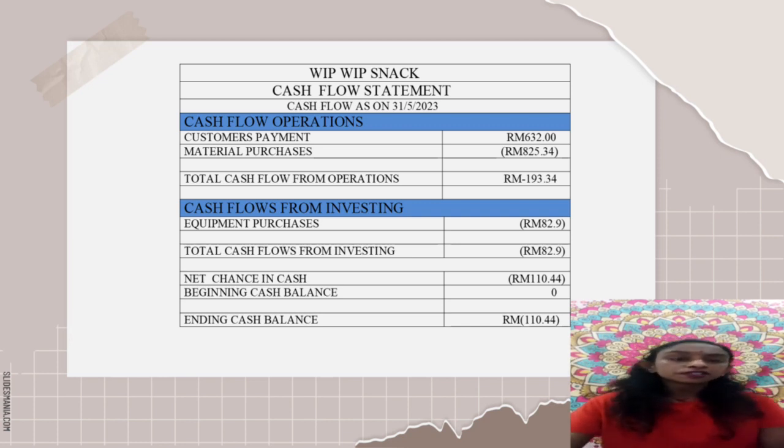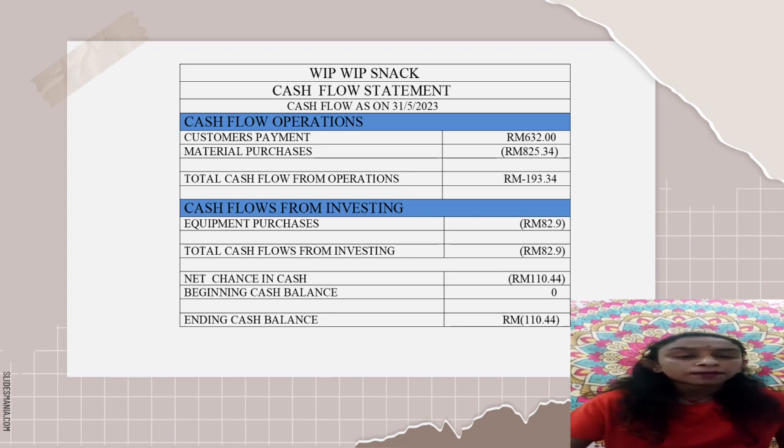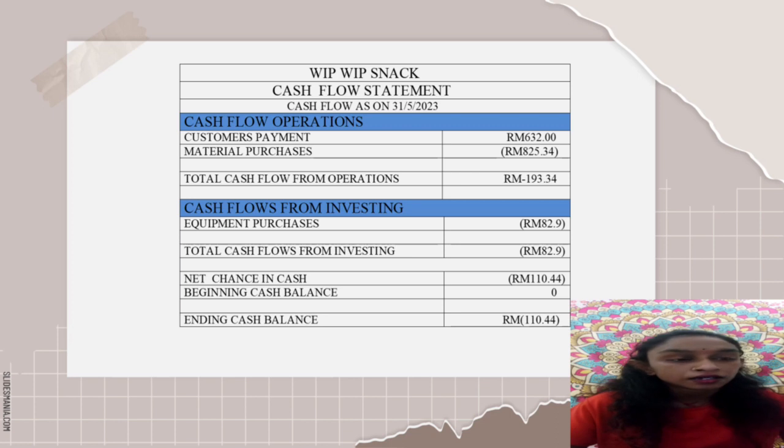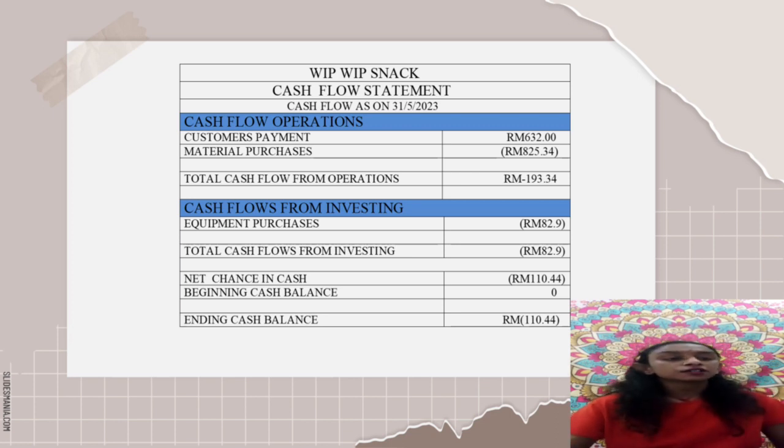Cash flow from operation, which are customers' payment 632, material purchase 825.34 ringgit, minus, we will get the total cash flow from operation will be negative 193.34 ringgit. Followed by cash flows from investing.